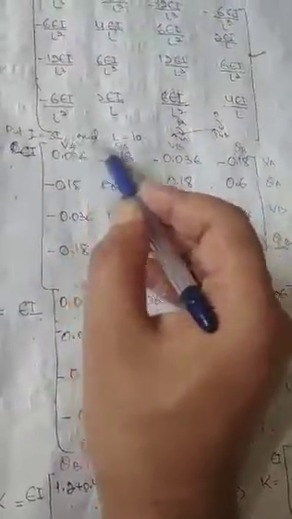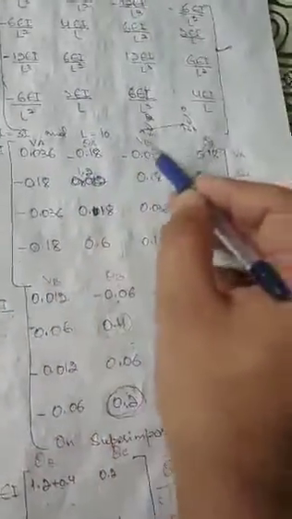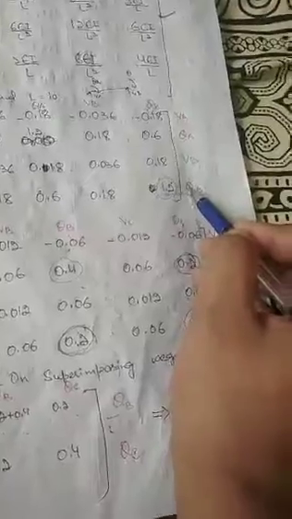Then after applying the values of L and EI, you will get this matrix for AB. Then for BC span, remember this one thing, don't forget to write this here: VA, QA, VB, QB, VB, QB, VC, QC. Don't forget.